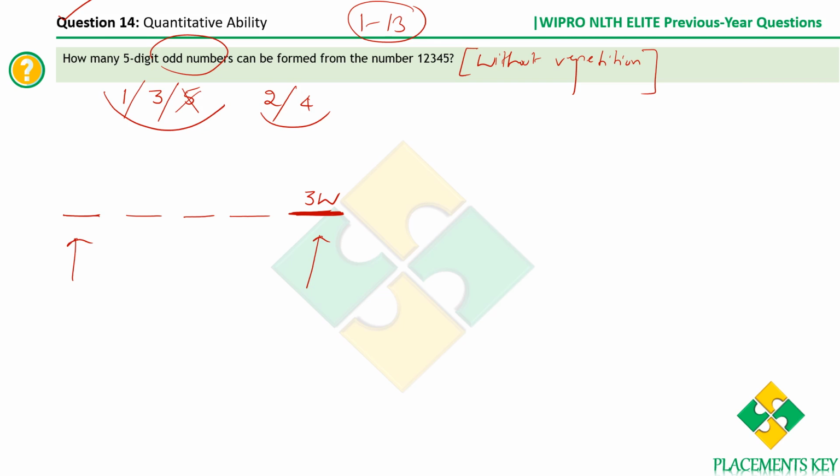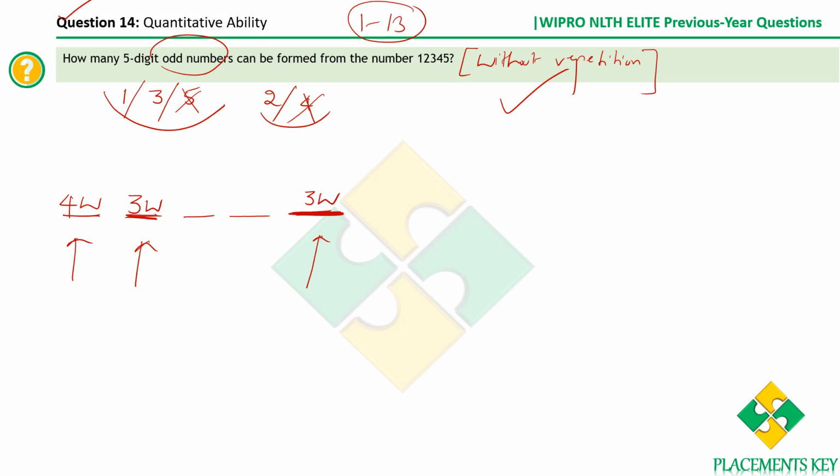Either 1 or 3 or 2 or 4, so 4 ways. Out of these 4, one digit is already filled. Therefore, this blank can be filled in only 3 ways, because it's clearly given that the repetition of digits is not allowed.